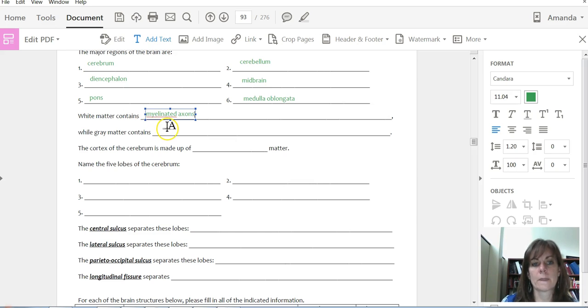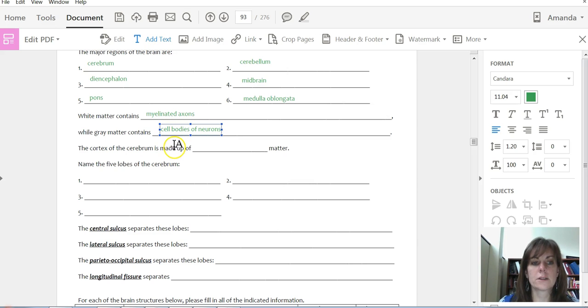While gray matter is mostly going to contain cell bodies of neurons. There's going to be some neuroglia there and other things to help you out, but those are the main things that you're going to see.